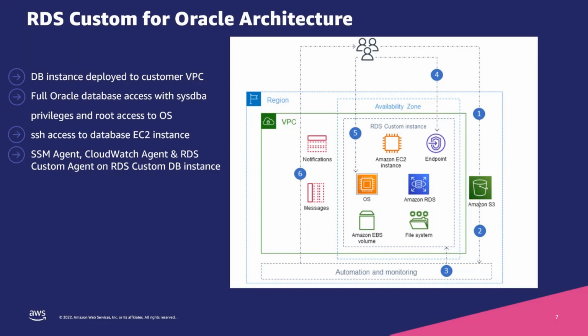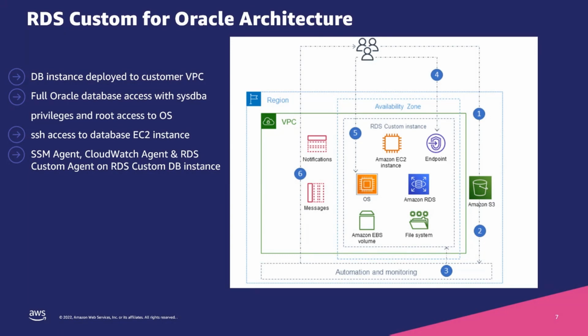Whereas in RDS Custom, all the underlying resources are deployed in your AWS account. And when you deploy a Custom DB instance, apart from getting endpoint access, you also get full access to the database with SYS and SYSDBA privileges, and also root level access to the operating system.